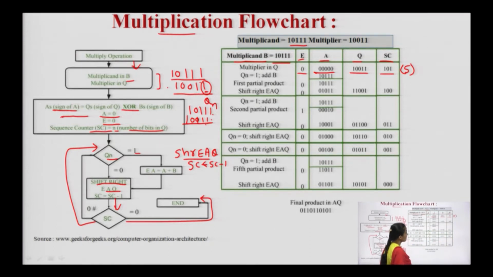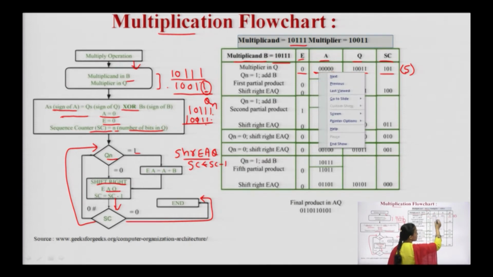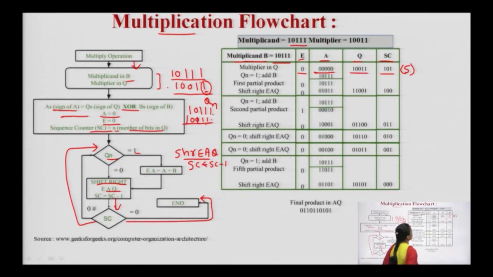So, in the first step, on seeing Qn, which is either 1 or 0, here it is 1. As per the flow chart, if it is 1, then I have to add B to EA. Initially A is 5 times 0, so B is added and here I get my first partial product, 1 pp.